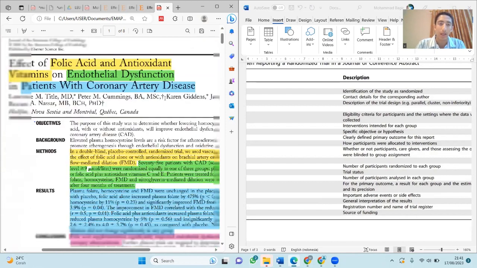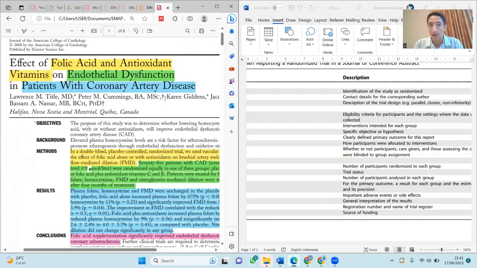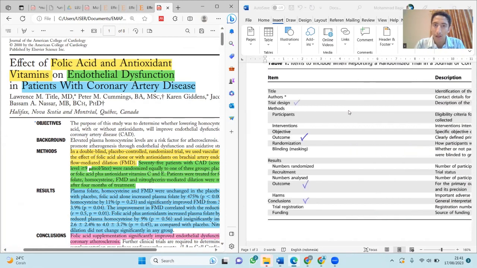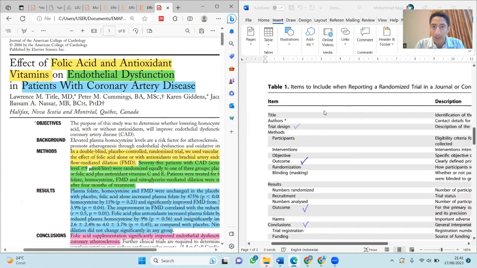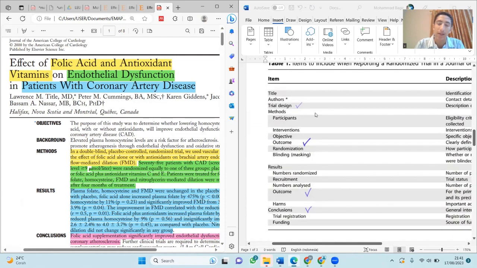So the problem in the article is that we cannot contact them. Then number three is the trial design.